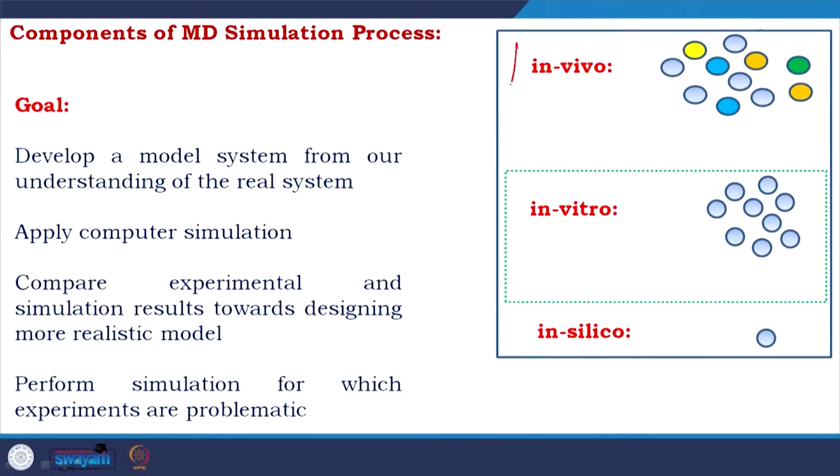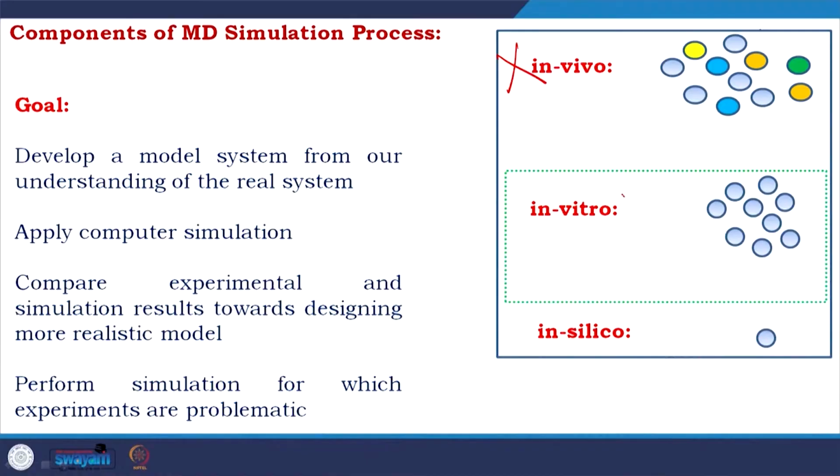We will explain in many cases why that is advantageous, but just to tell you a very important thing: as I told you, when we are developing a model system, we have to mimic an experimental system. In case of molecular dynamic simulation, we do not mimic in vivo. Our technological improvement unfortunately has not reached the level where we could deal with so many components.